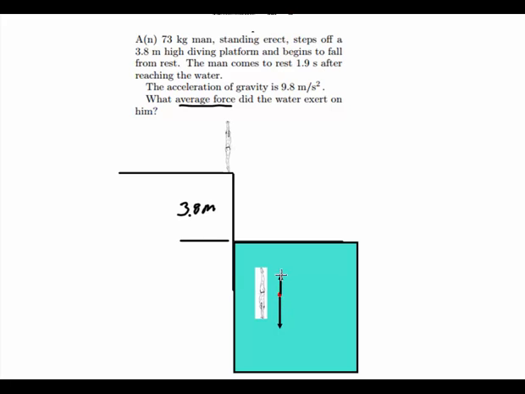If he comes to a stop, then I must have a larger force going back up, because when I enter the water I have a velocity, and down here where it stops the velocity has gone to 0, so I have a force going back, which means I have an acceleration going back. This will be the force done by the water, and this will be mass times gravity, or 73 times 9.8.